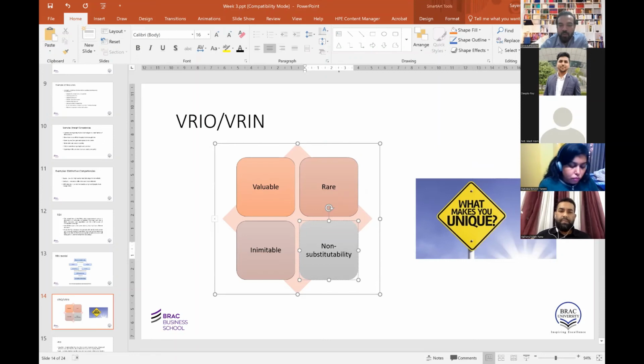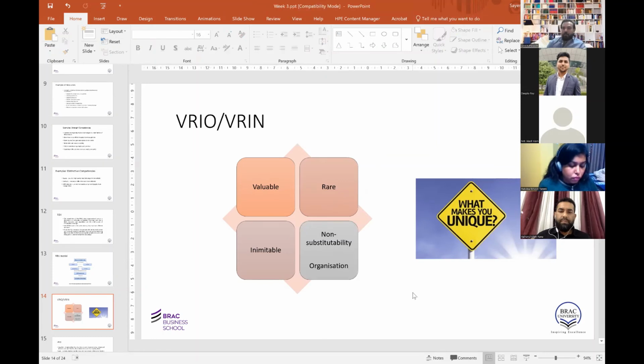The other O is also used for organization. Okay. So anyway, this is a tool which we will be using today. We'll do some analysis, and this is probably one of the best takeaways from this class. When organizations or brands want to measure their uniqueness, they need to use this framework.